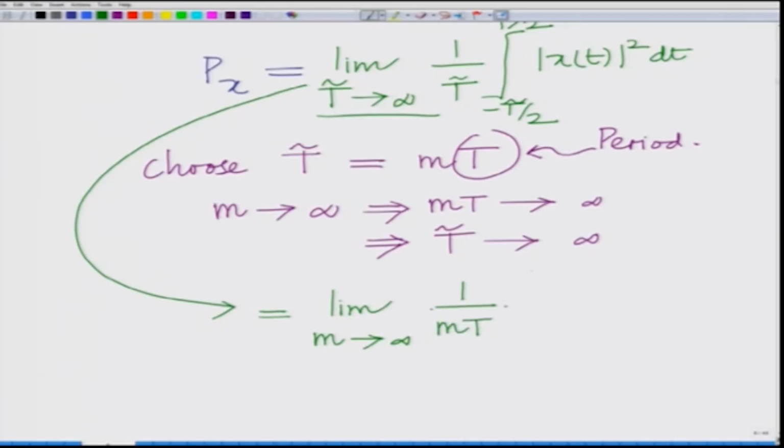1 over mT times the integral from minus mT divided by 2 to mT divided by 2 of magnitude x t square dt. Now, look at this integral from minus mT by 2 to mT by 2. It contains m periods, right, the total duration is m times capital T. So, it is the energy in m periods. Now, this signal is periodic, so the energy in m periods is m times the energy in a single period.